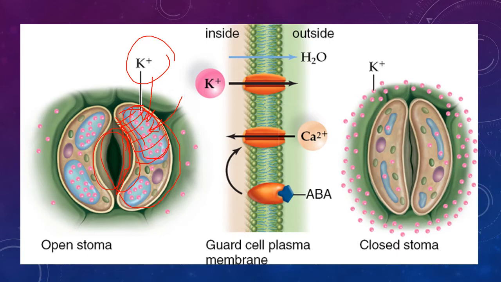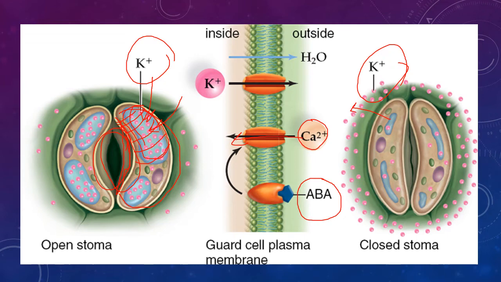Because remember, we don't want to lose too much water. What happens then is, remember ABA was our hormone that signals drought is there, or there's a lack of light. So what that causes is, in the membrane, calcium ions to exit, and it also causes the potassium ions to exit out of the vacuole.